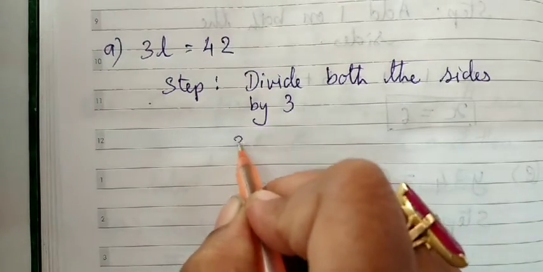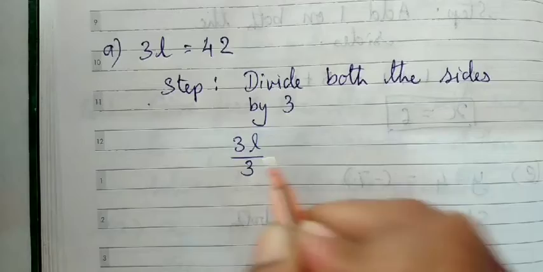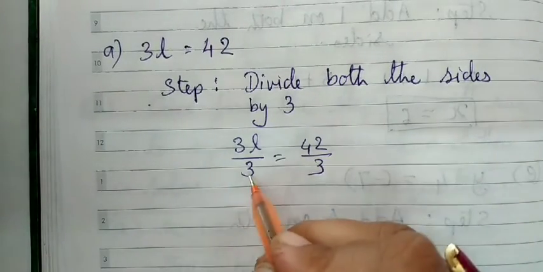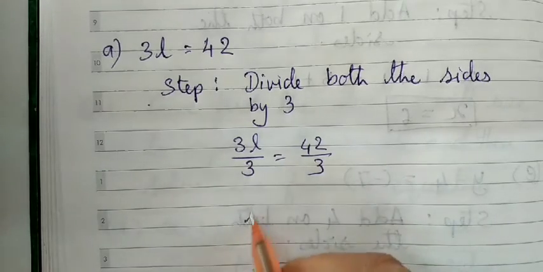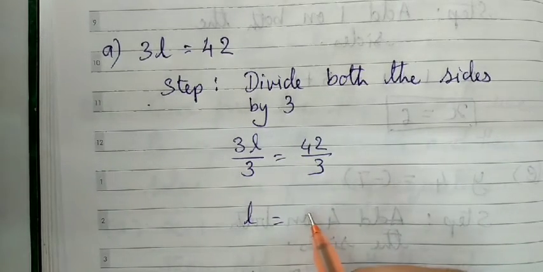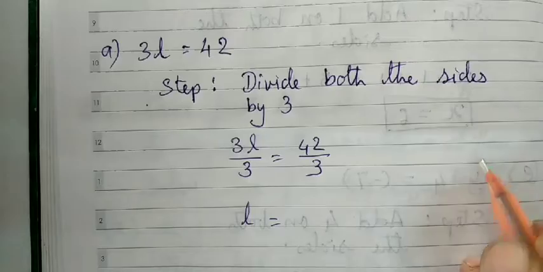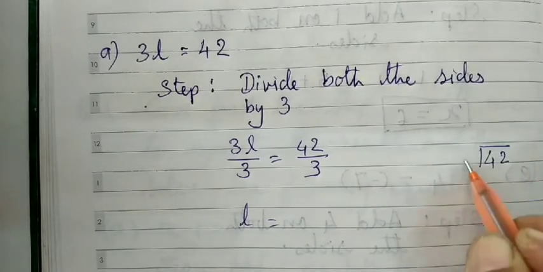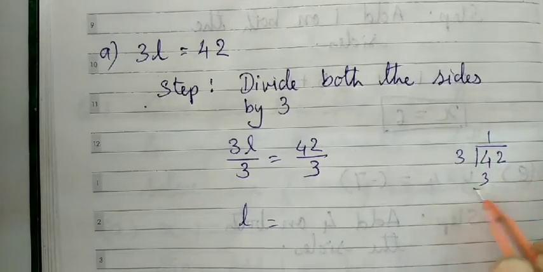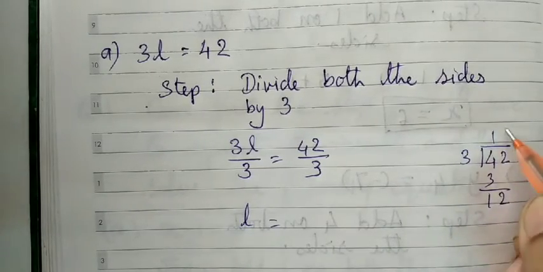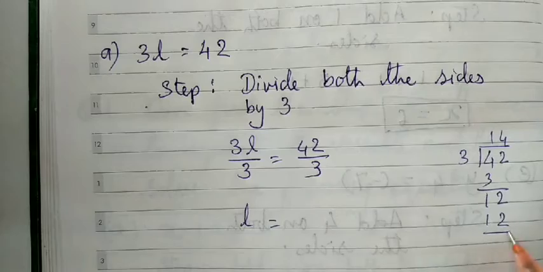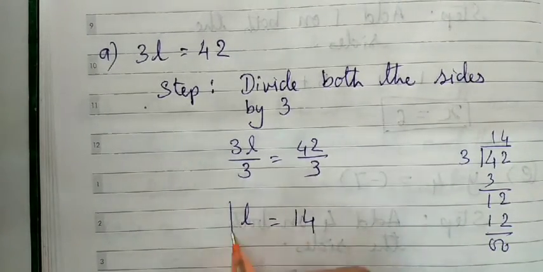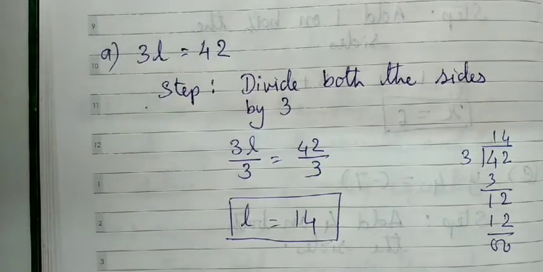Now divide 42 by 3. 3 gets removed, and here you will divide 42 by 3. If you cannot orally tell the answer, you divide: 3 ones are 3 and 3 fours are 12. So the answer is 14. L is equal to 14.